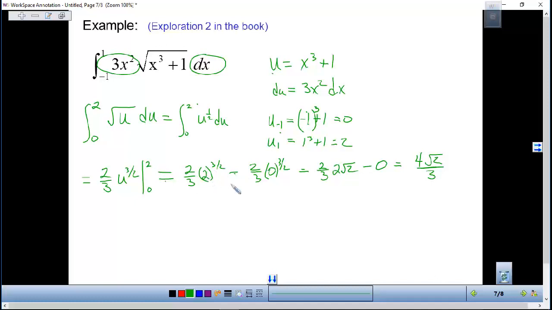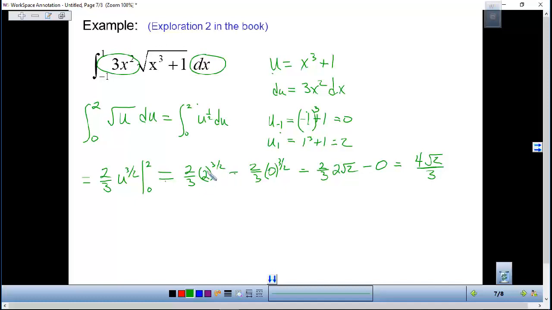Over here, there's a couple ways you can go about this. You can take the square root first. If you take the square root of 2 first, you get the square root of 2. Raising that to the 3rd power, you end up with square root of 2 times square root of 2 times square root of 2. Those first two square roots of 2 would give you 2.